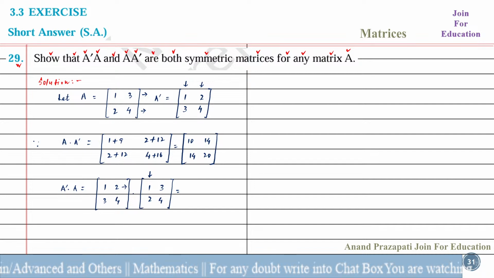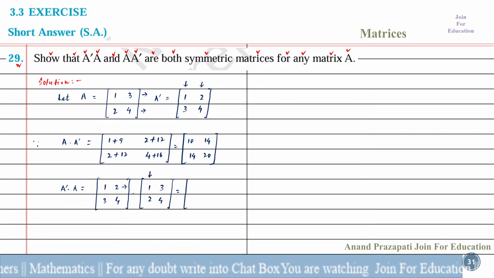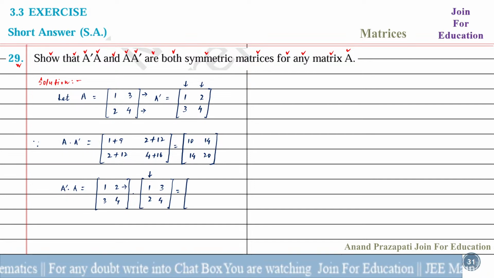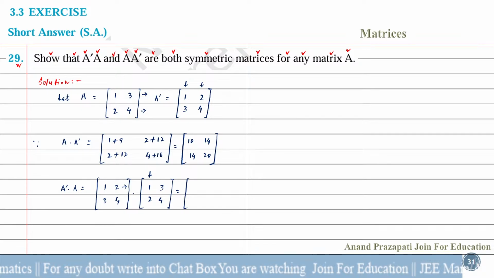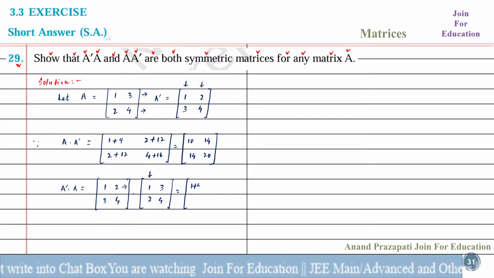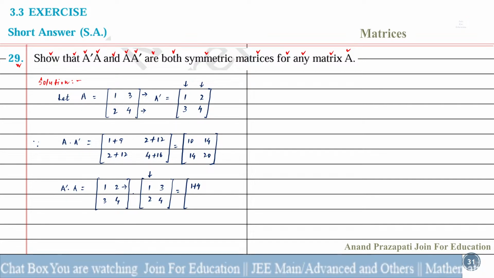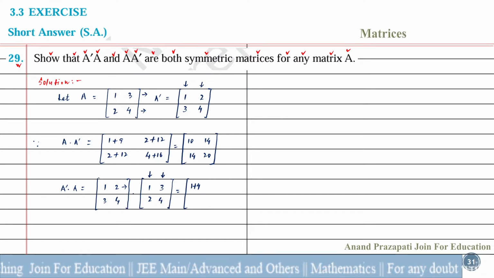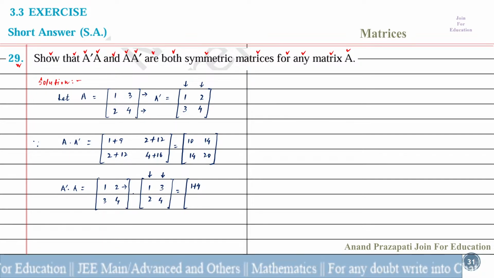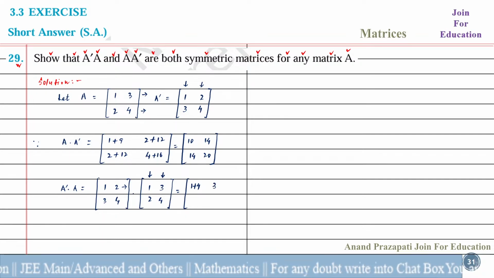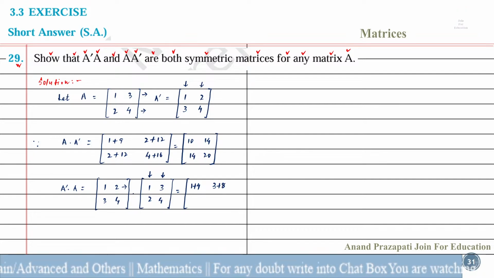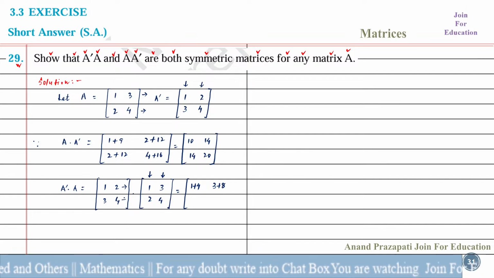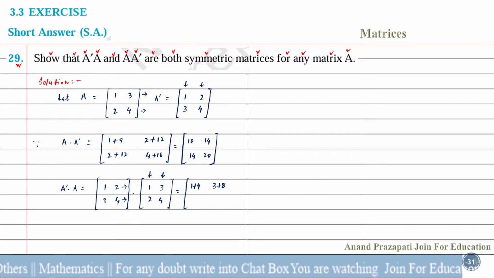Then we get here 1 plus 4, and 1, 2 multiplied by the corresponding element of 3, 4. Then we get 3 plus 8, and 3, 4 multiplied by the corresponding element of 1, 2.